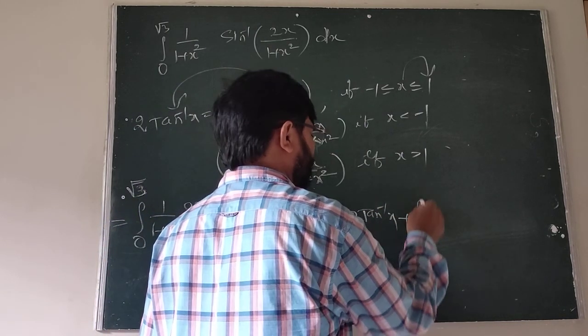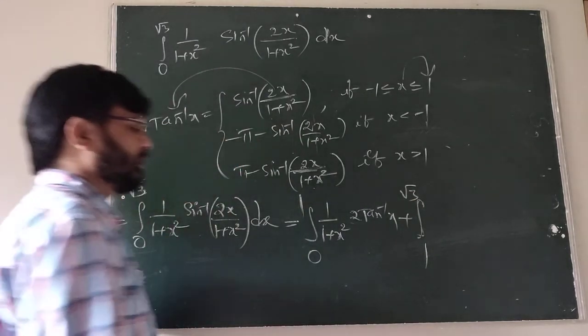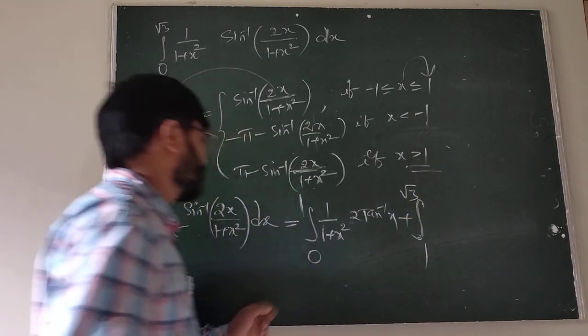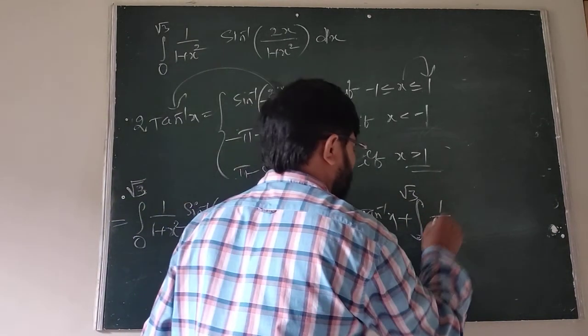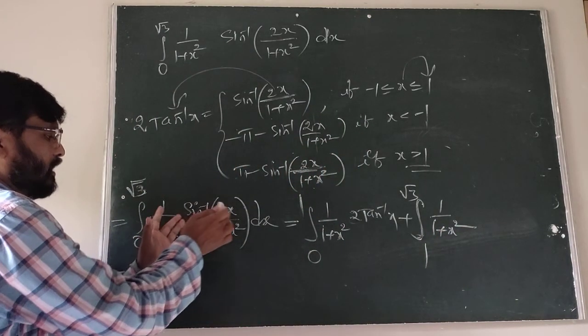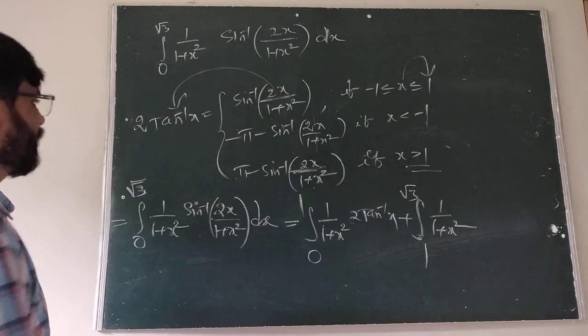When we are taking the integral from 1 to root 3, that means x greater than 1, then it is pi minus of sin inverse of 2x by 1 plus x square. First you write 1 by 1 plus x square, and the sin inverse of 2x by 1 plus x square, how to write this one?